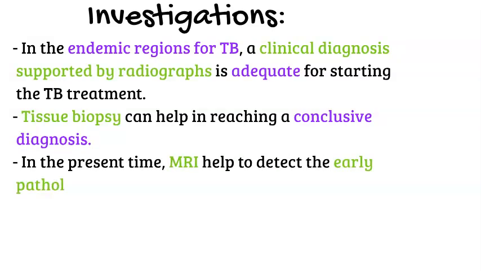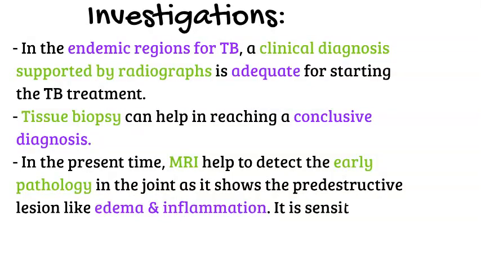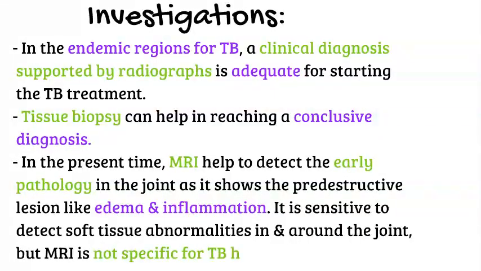In the present time, MRI helps to detect the early pathology in the hip joint as it shows the pre-destructive lesion like edema and inflammation. It is sensitive to detect soft tissue abnormalities in and around the joint, but MRI is not specific for TB hip.